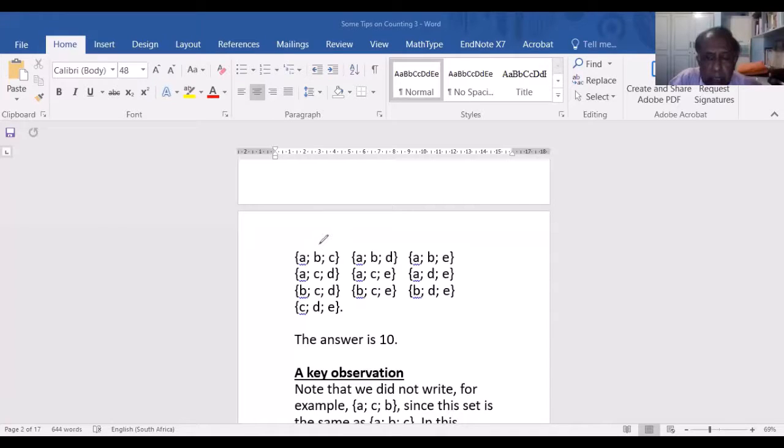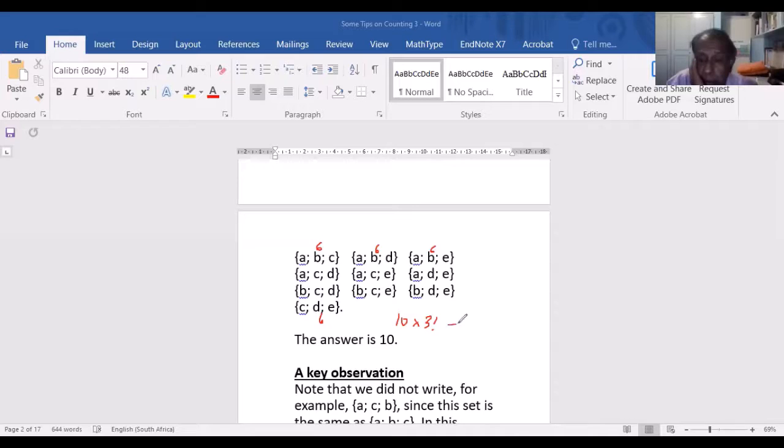And 3 factorial is 6 ways. So this gives you 6 possible arrangements. There are 6 words that you can make with that particular combination. Likewise, each of these will create 6 new words because you've got new letters, right? And it goes all the way up to the 10th one. So if you want to count the number of arrangements altogether, then it is really 10 times 3 factorial, because each of these 10 can be arranged in 3 factorial ways.